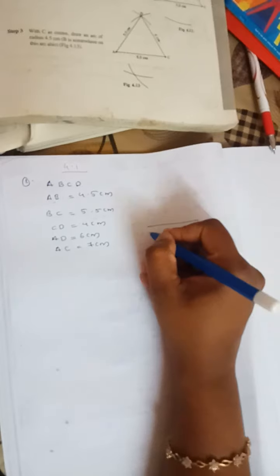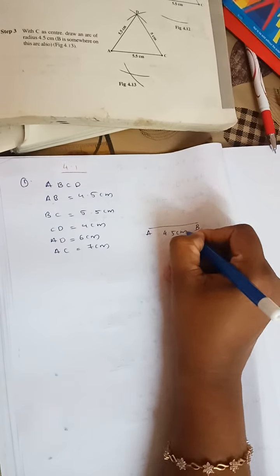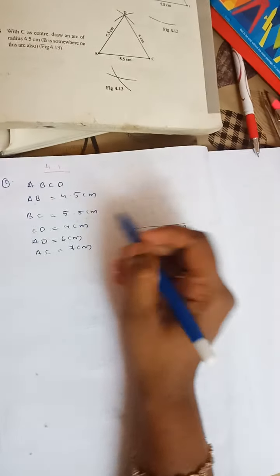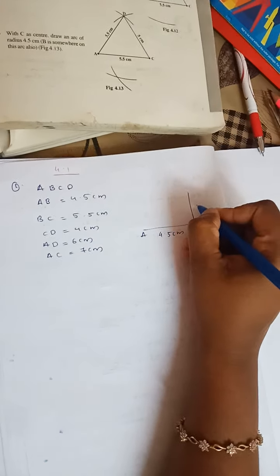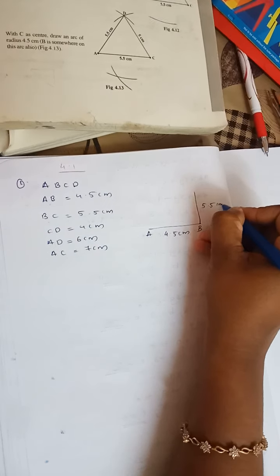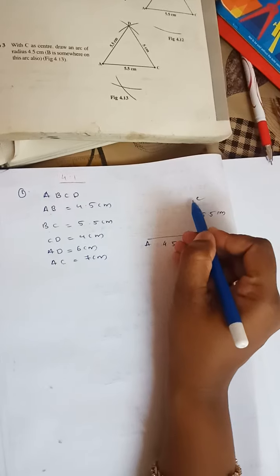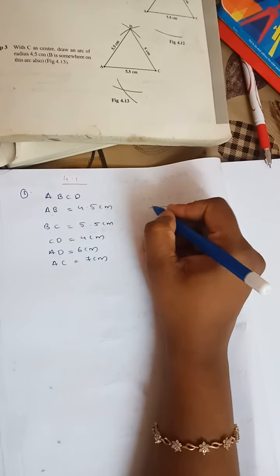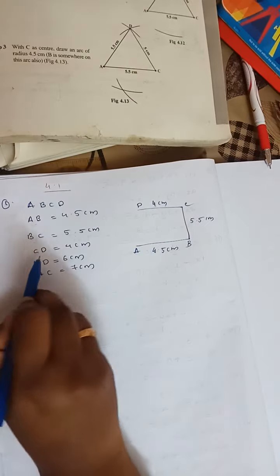So by using these measurements, we can draw a rough figure. First, I am drawing AB here. AB is 4.5 centimeter, correct? And from B we can draw BC, 5.5 centimeter. This is C. Next, CD. The next point is D, I am drawing D here. CD is equal to 4 centimeter, right?